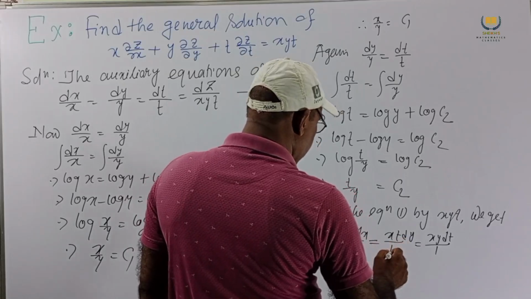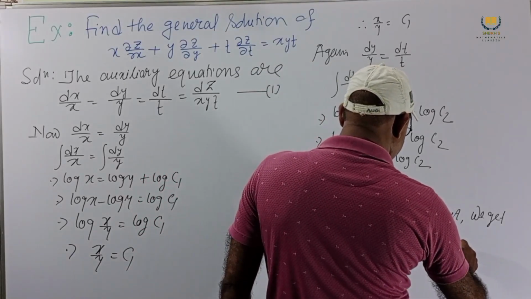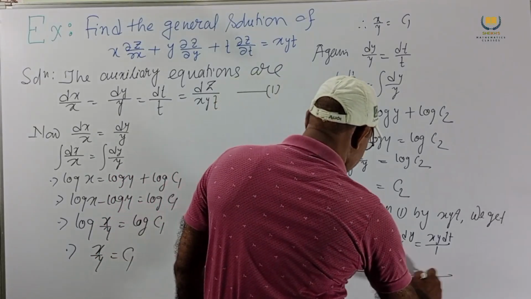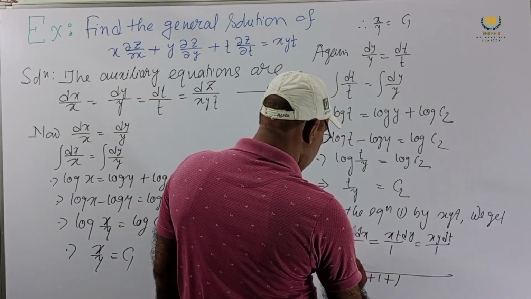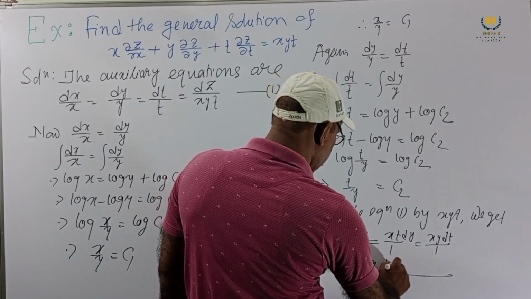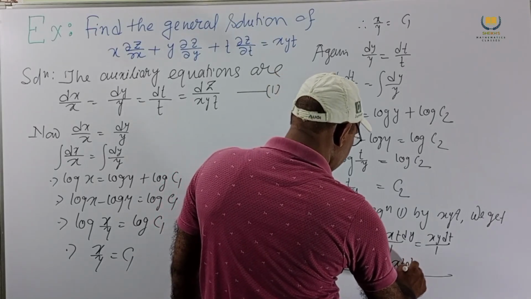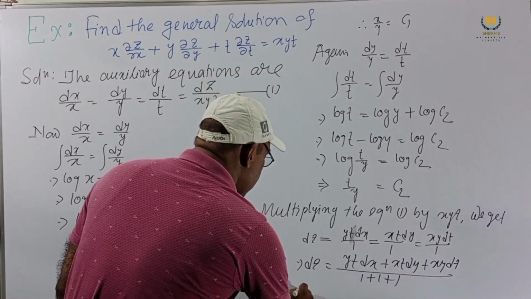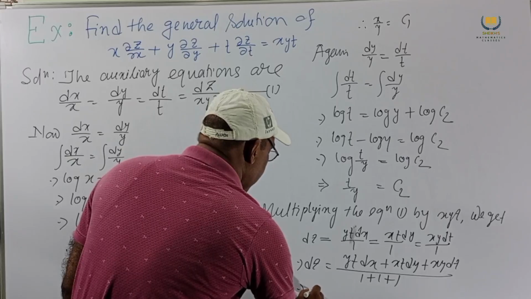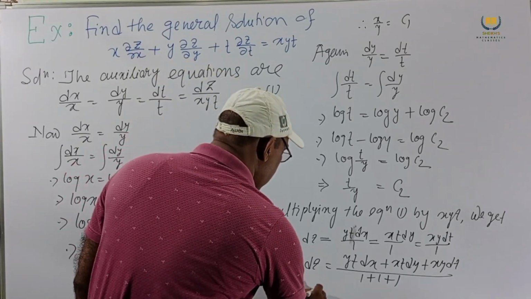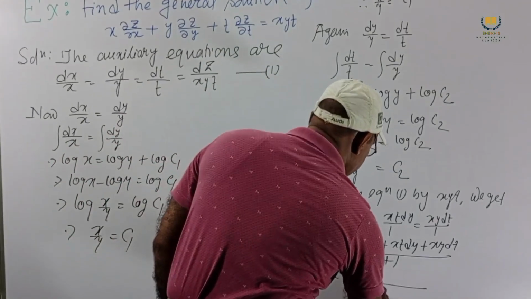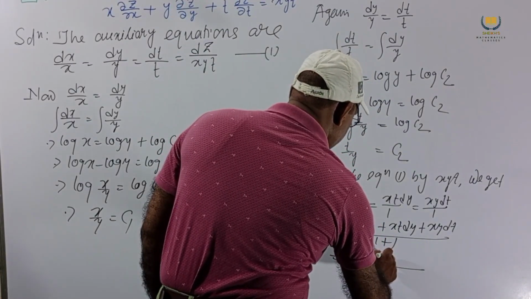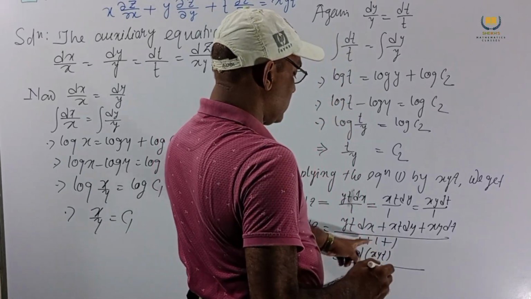This implies, if we write dz, this is (1 plus 1 plus 1) yt dx plus xt dy plus xy dt. We integrate this: dz equal to 3, and this one d(xyt).